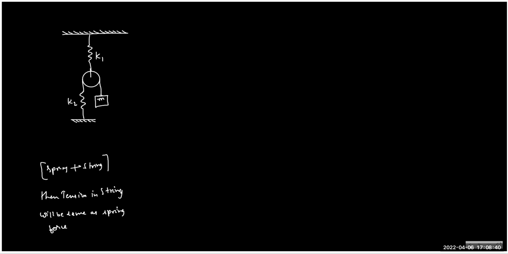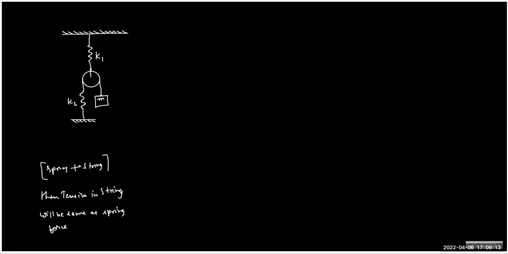So what is the tension in the lower spring? It must be gravity. Because if you draw the FBD of the block, you can see mg is acting downward and tension is acting upward, and that is why it is balanced. So you can say the tension in the lower spring is exactly equal to gravity.